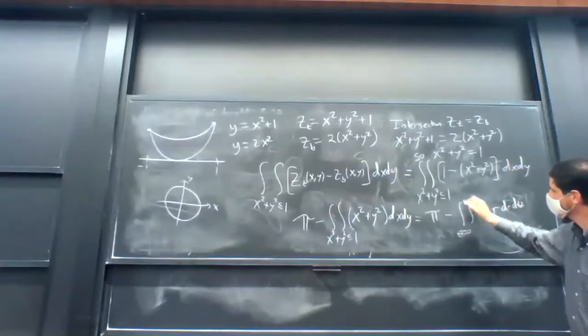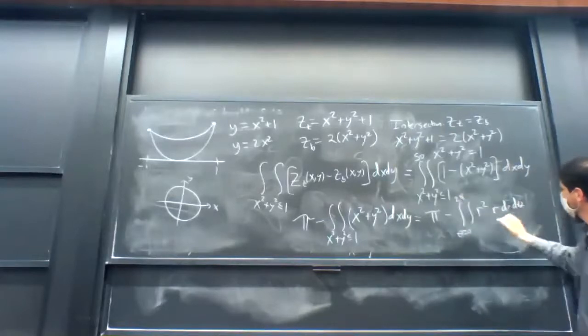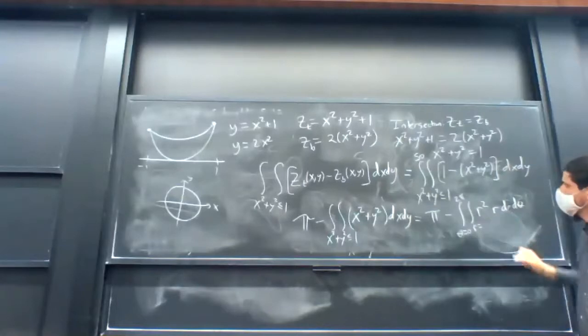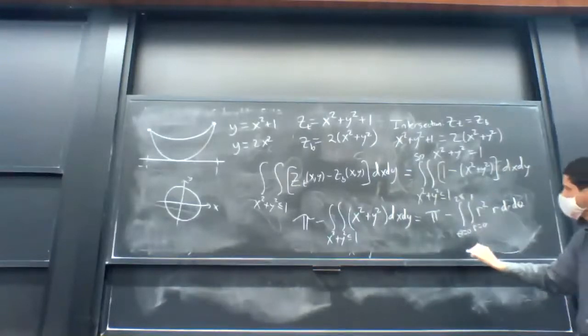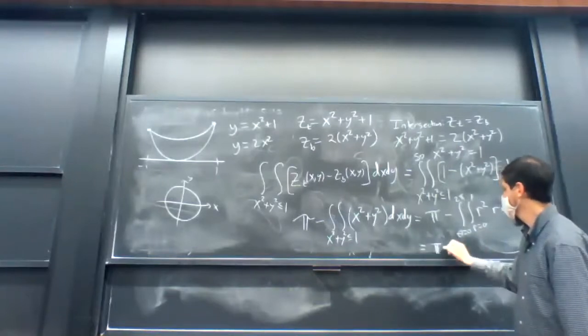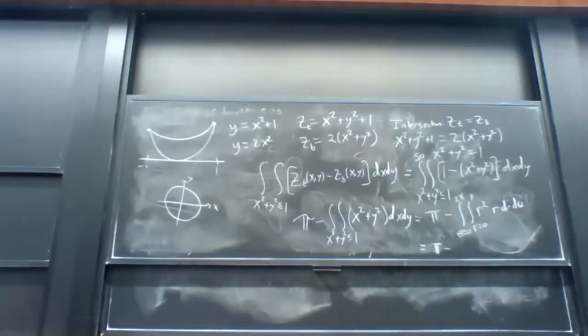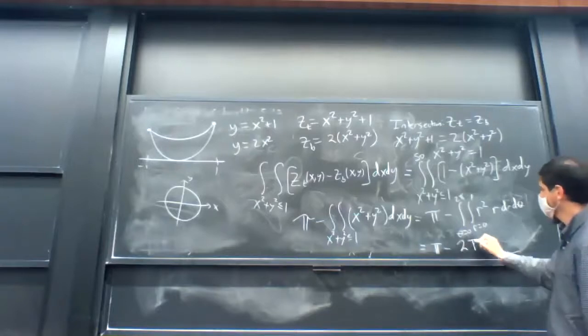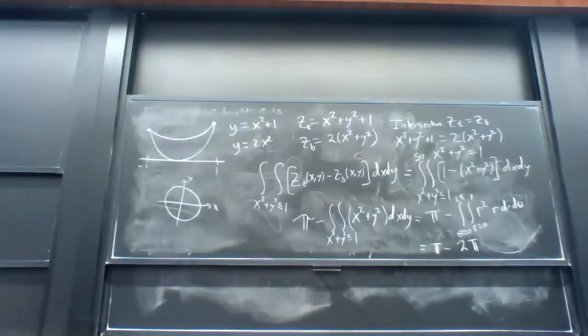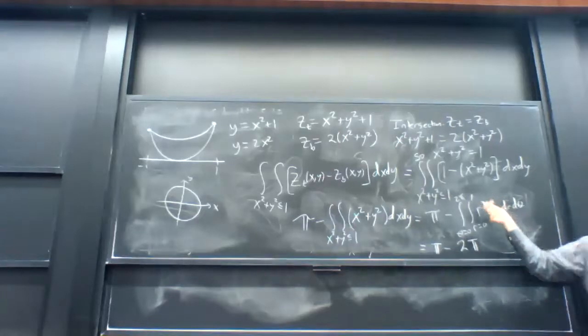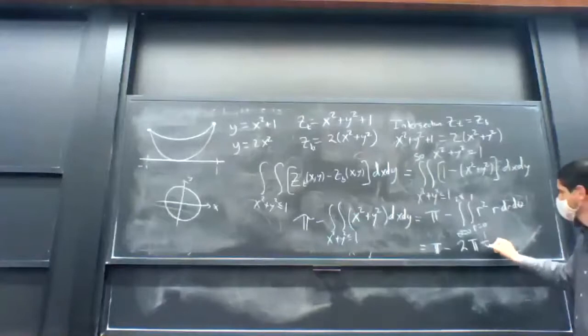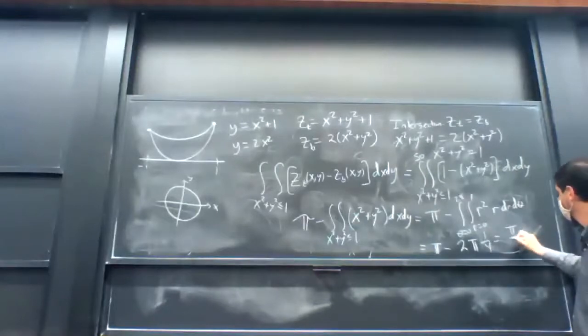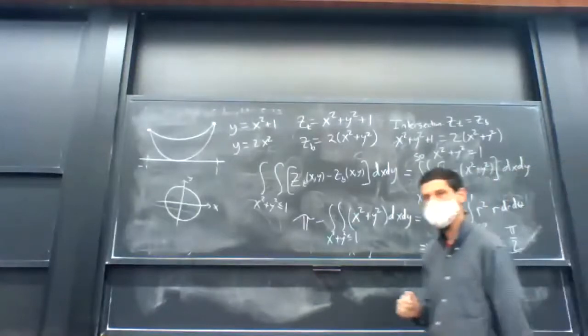So theta goes from 0 to 2 pi, and then r goes from what to what? 0 to 1. So this is going to be pi minus... the theta integral is just going to be 2 pi. For the r integral, we have r cubed, so that becomes r to the 4th, and we evaluate r to the 4th at 1 and 0, so it's just 1/4. So we get pi halves.